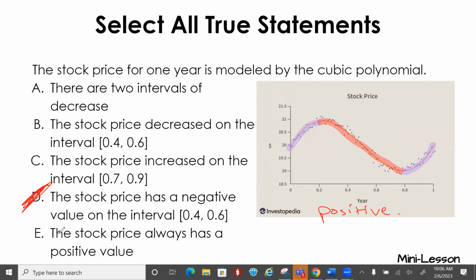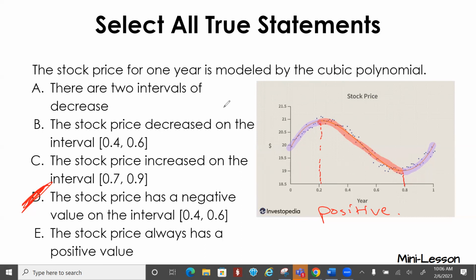Okay, so now let's figure out when it's increasing, when it's decreasing. What's the x value right in here? And what's the x value right in here? 0.8. Yeah, it's okay. It's tiny. Now, looking at the first statement, it says there are two intervals of decrease.